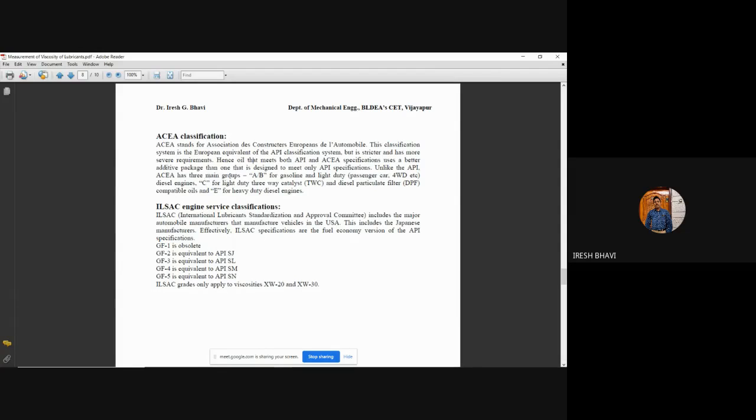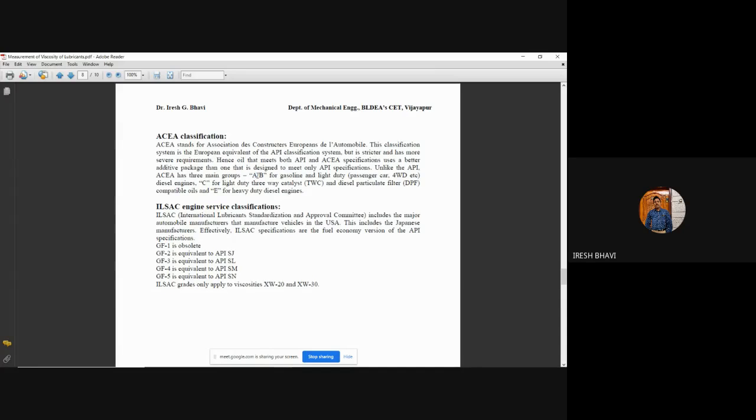So ACEA has three main groups. A or B is used for gasoline, that is, for petrol engines, the grading is either A grade or B grade. And for light duty passenger cars and diesel engines, either A grade oil or B grade oil will be used.